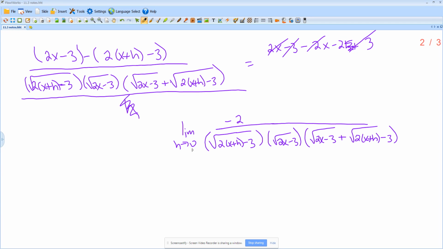So now if I substitute 0 in, I'm actually going to show it this time because what you get is sort of interesting. I get negative 2 over square root 2x minus 3 times square root 2x minus 3 times square root 2x minus 3 plus square root 2x minus 3.